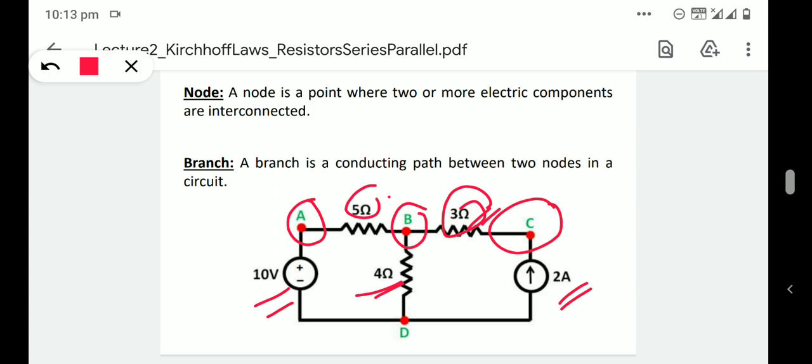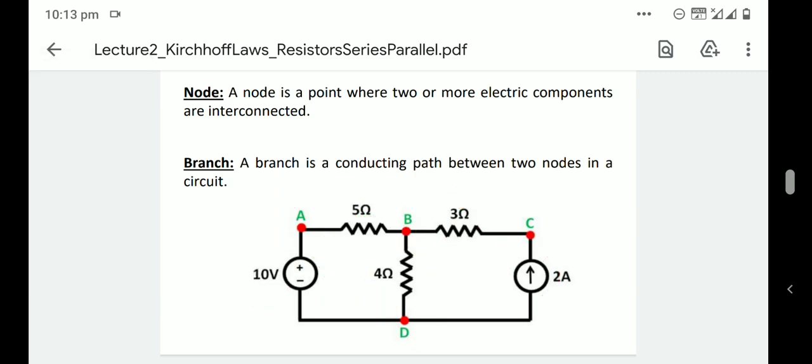Then again D is a node where three components are interconnected: a current source, a voltage source, and a resistance. So here A, B, C and D, four are nodes.